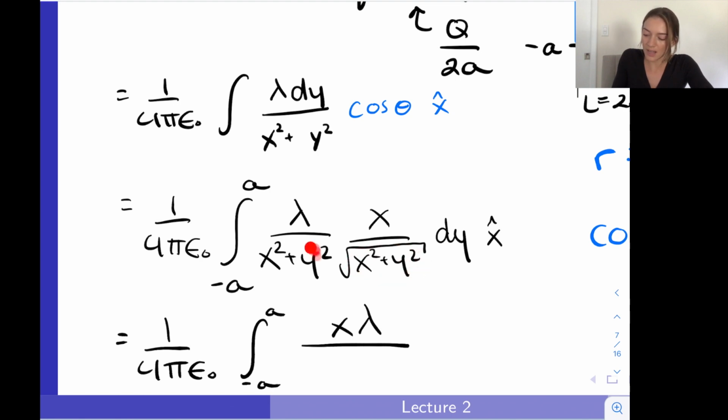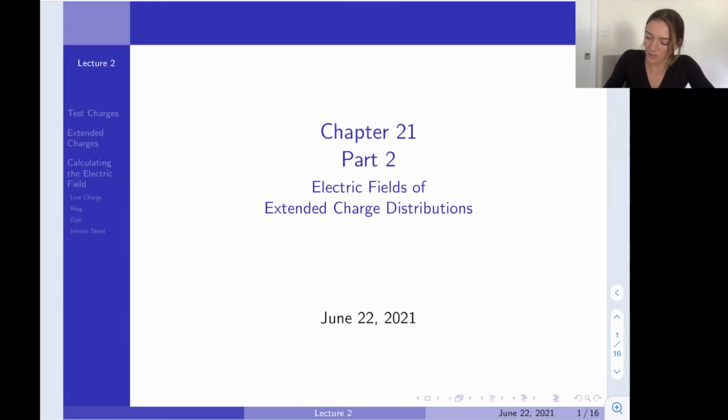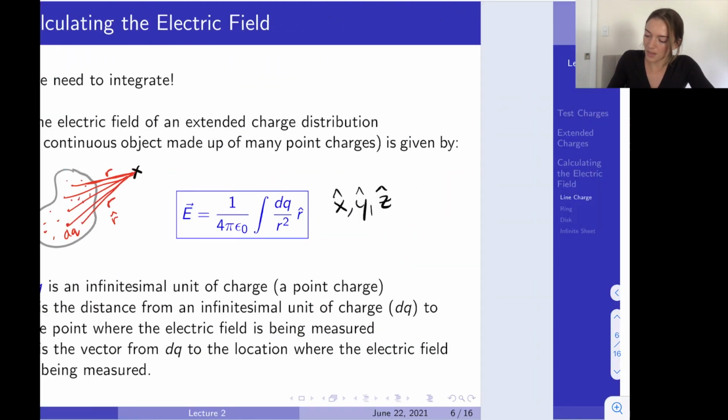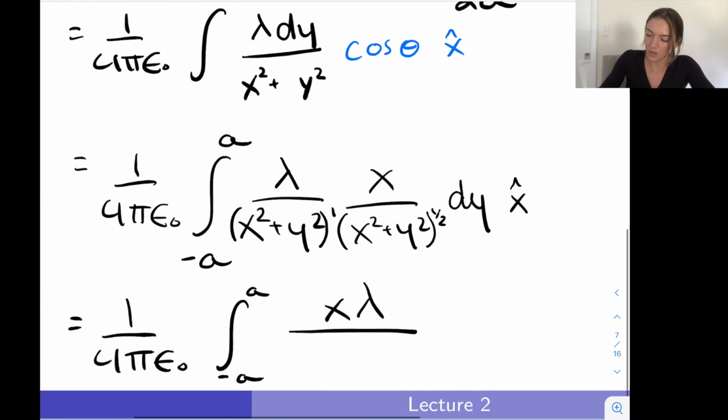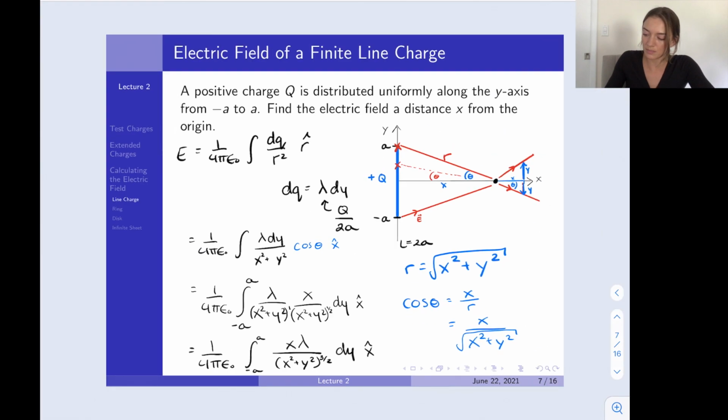So I have x squared plus y squared to the power of 1, this whole denominator raised to the power of 1, and then my square root, remember you can write the square root as the power of 1/2. I can rewrite this as x squared plus y squared to the 3/2, because I have the power of 1 and the power of 1/2. And then I'm integrating with respect to dy, and this is in the x hat direction.